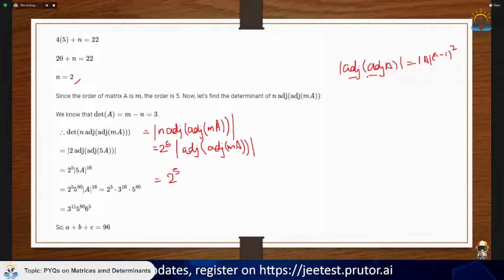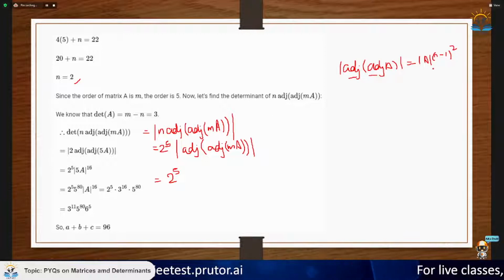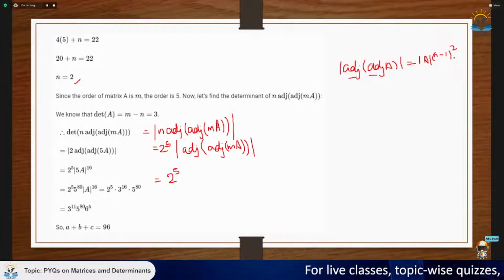If there would be 3 adjoints, that is adjoint of adjoint of adjoint, then it would be A to the power (n minus 1) power 3. The number of adjoints determines the power of n minus 1. If there would be 4 adjoints, then it would be (n minus 1) power 4, and so on.